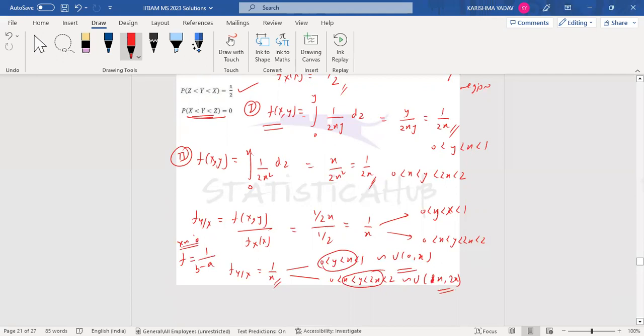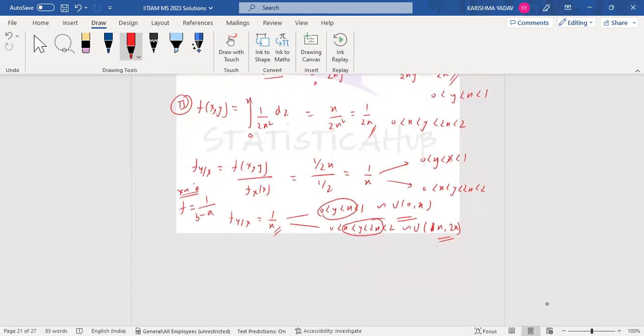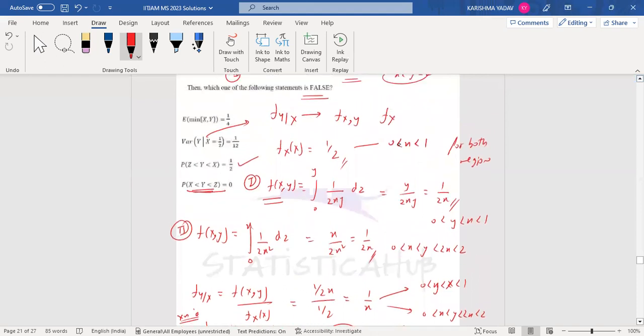Now in the uniform case, we know that uniform is a continuous distribution. So for region 1 the uniform is 0 comma x, and for the second region I got my distribution f of y given x following uniform x comma 2x. Now we have to find the variance of y given x equals 1 by 2.